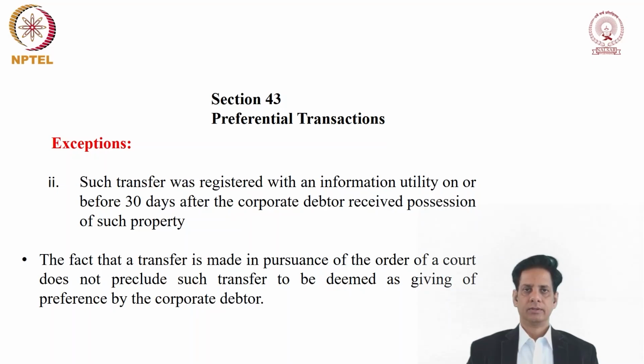One is, you should have acquired this property with the funds given by the lender and created a security interest on the same asset by way of an agreement. And two, you should have registered this agreement with an information utility center within 30 days from occupation or possession of that certain property. If these two conditions are met, then your transaction may not be termed as a preferential transaction.